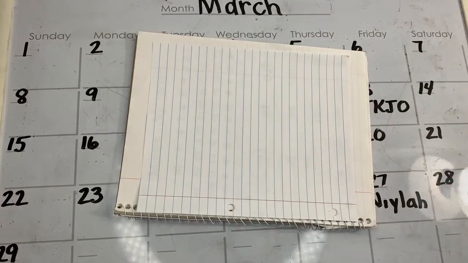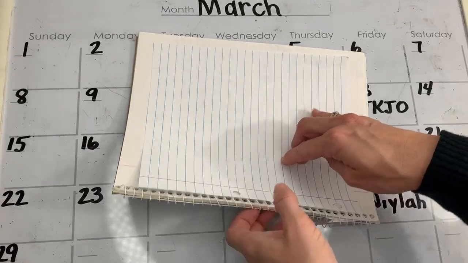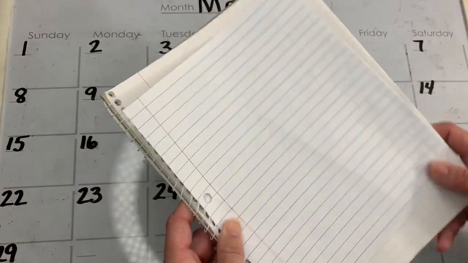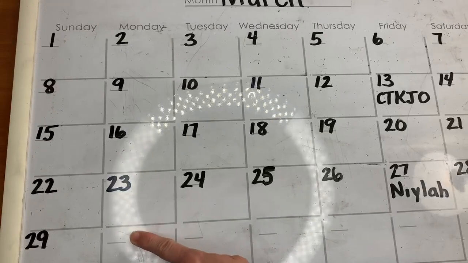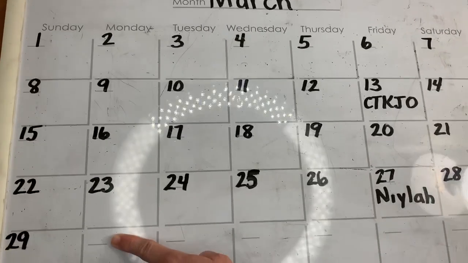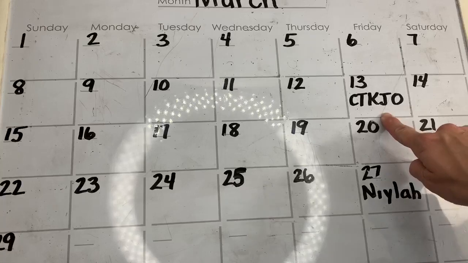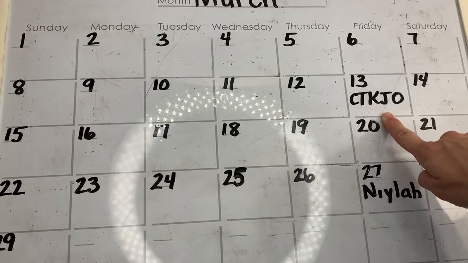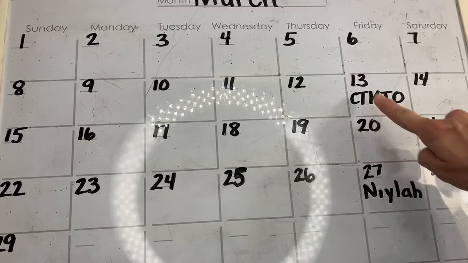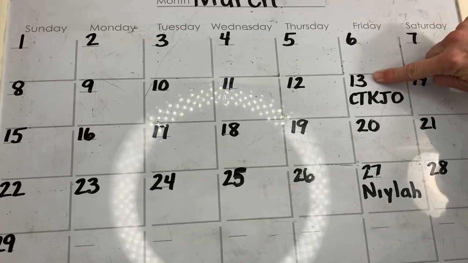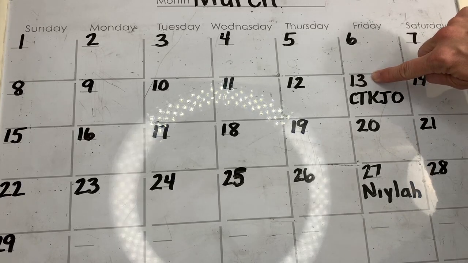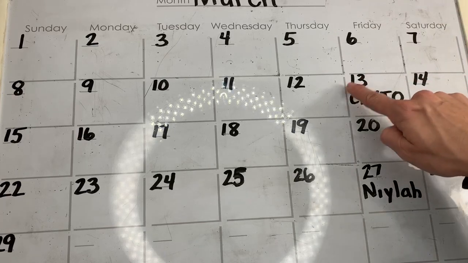Good. So we are in the month of March and we need to find out what number we should fill in for today. That's way down here. Doesn't all fit in there. That's all right. CTKJO Day was right here, and so that's where we're going to start. Let's do it. Do you remember that number? It's a 13. Teen numbers start with ones.